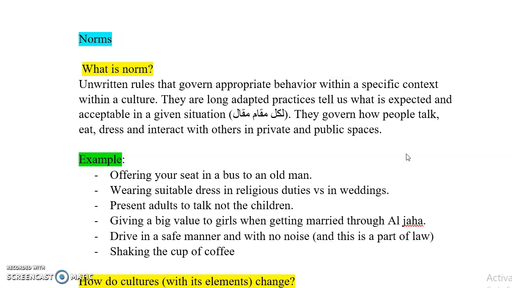And we can measure this on all parts of our life. They govern how people talk, eat, dress, and interact with others in private and public spaces. So the way that I eat my meal at home will be almost different from the way that I eat at restaurants. And this is a part of our norms.